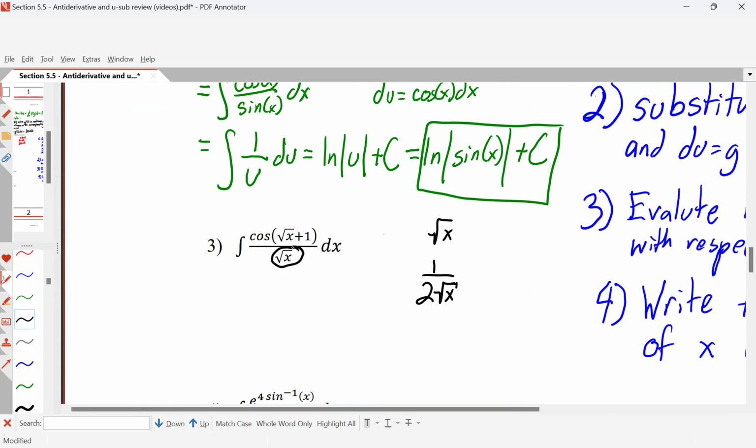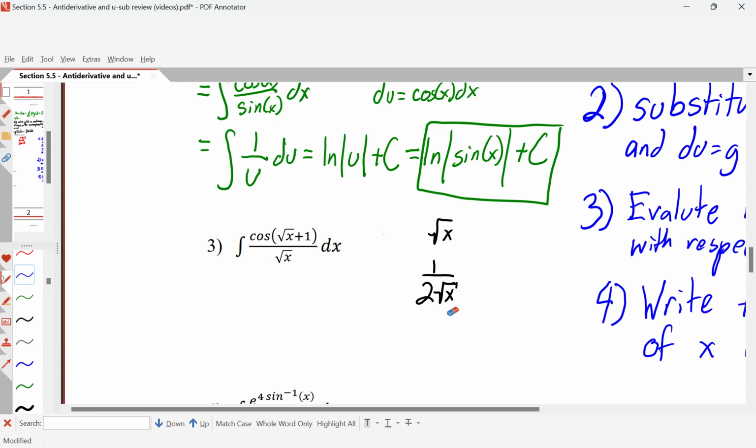We already have a square root x in the denominator. So the fact that the derivative of square root x has a square root of x in the denominator is a good indication that this might be part of our du. This might be part of the derivative.